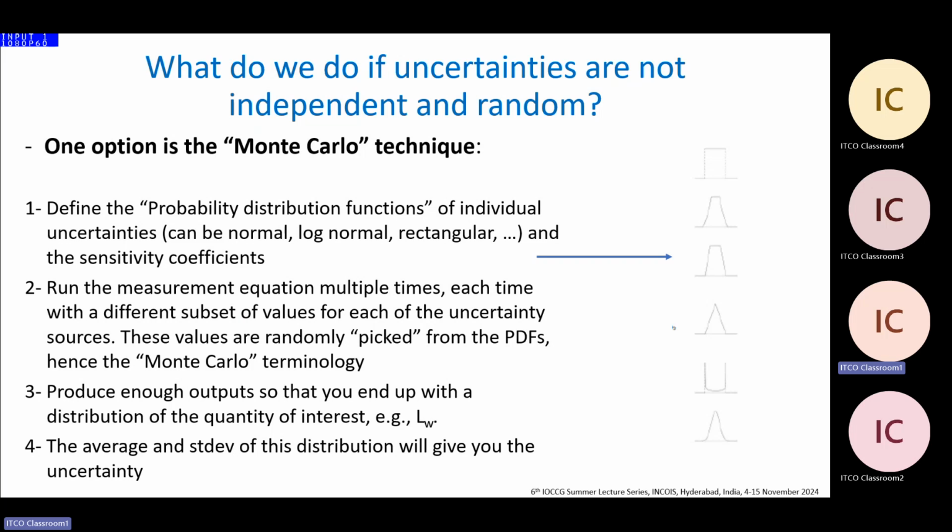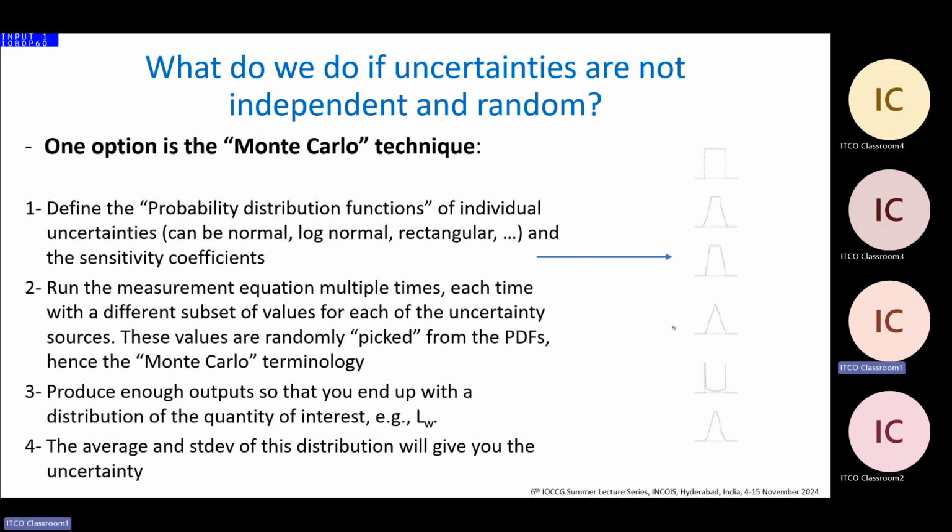And then you are going to take this complicated equation you saw before, and you are going to run it multiple times. When I say multiple times, it can be thousands or millions of times if you want. Each time, for each of these uncertainty values, you are going to pick a random number. That's why it's called the Monte Carlo technique.